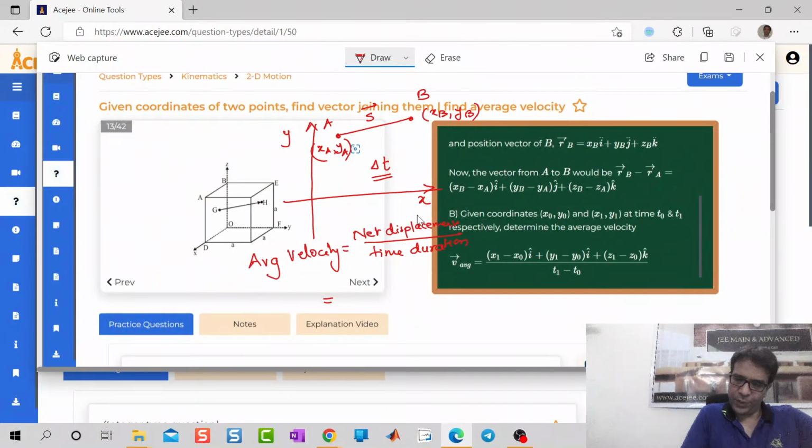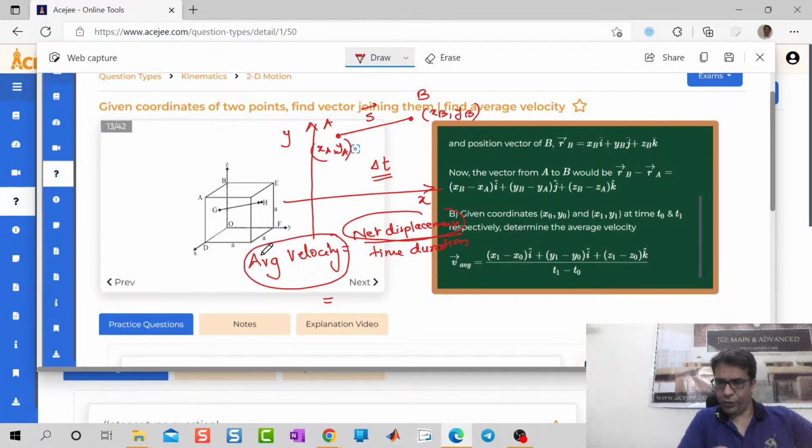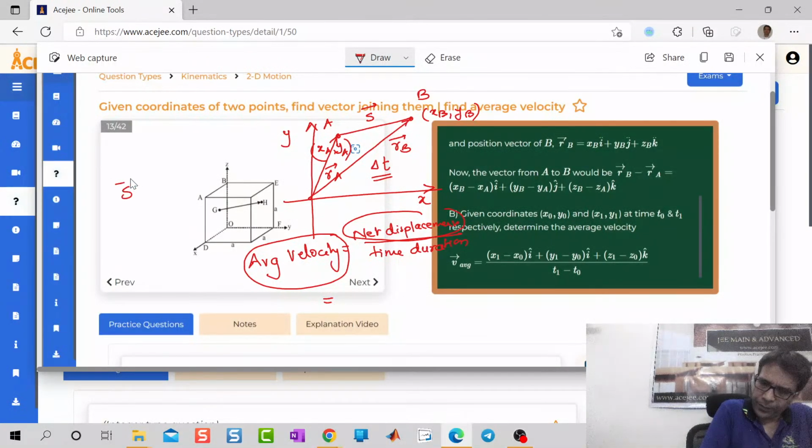Remember, displacement is a vector quantity, and so is the average velocity. To find this, we recall that this is your position vector RA, and this is your position vector RB. Then the displacement is the position vector of the final position minus the position vector of the initial position, RB minus RA.